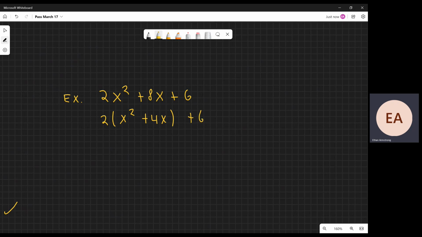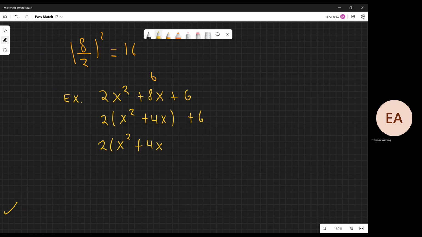And now we get our b value, which is 4, and we divide it by 2 and square it. So 4 divided by 2 squared equals 4. So now we will have 2 times x squared plus 4x plus 4, and plus 6. And we have to balance it out. So we added 4, that's multiplied by 2.